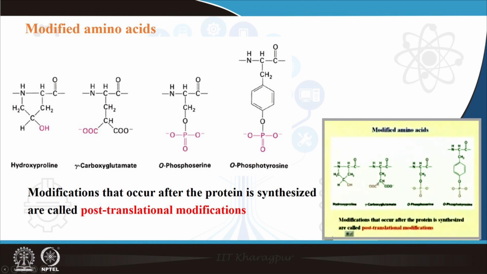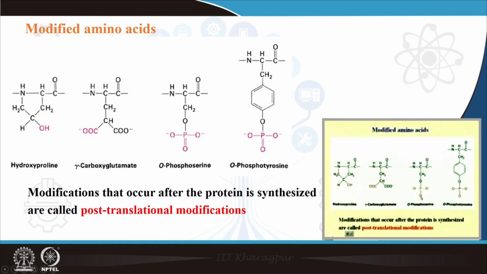Another one, the second one, is gamma carboxyglutamate. What is glutamate? Glutamate is when you have the single carboxylic acid group here. If you have another carboxy attached to it, it becomes gamma carboxyglutamate, and this is the structure which you see in some proteins.